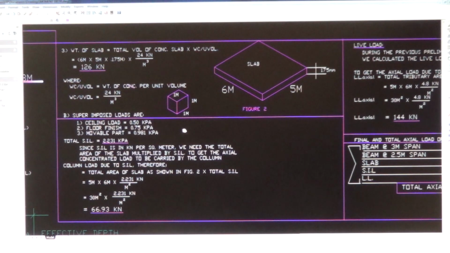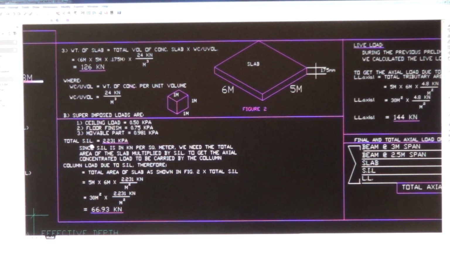So if you divide 981 by 4.448, that is equivalent to about 220 pounds per square meter. Okay, so that's good enough.